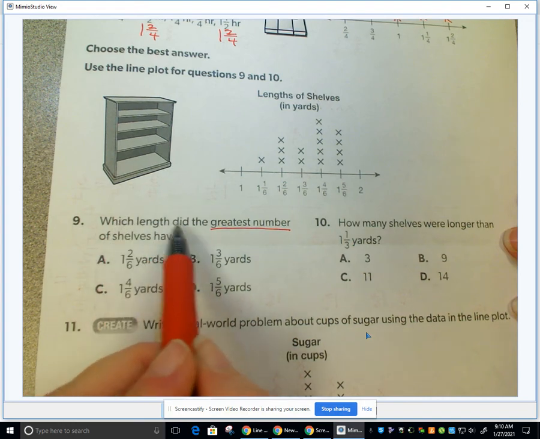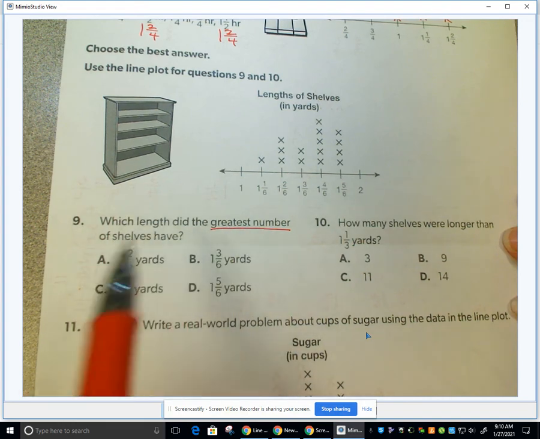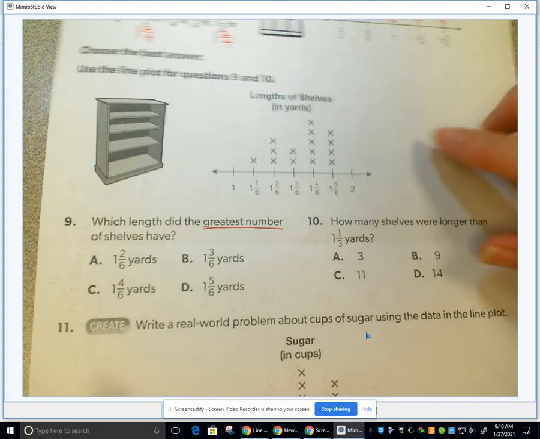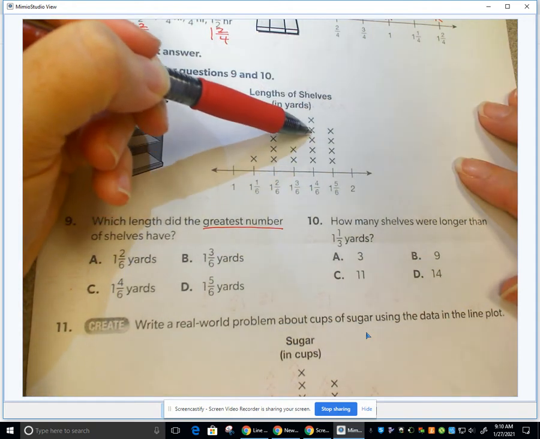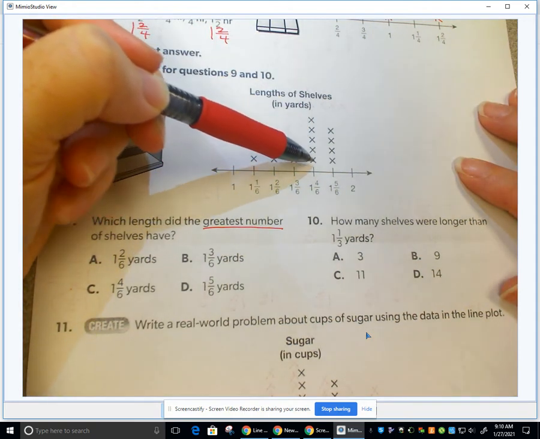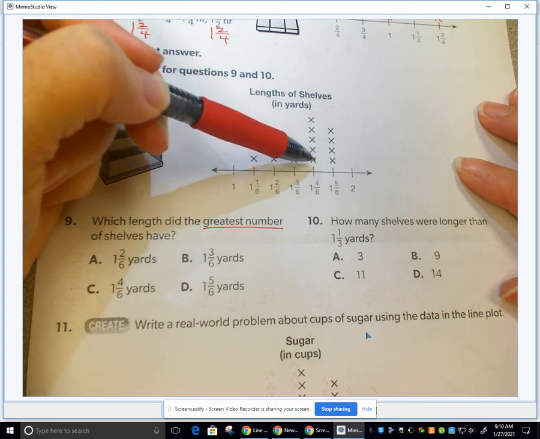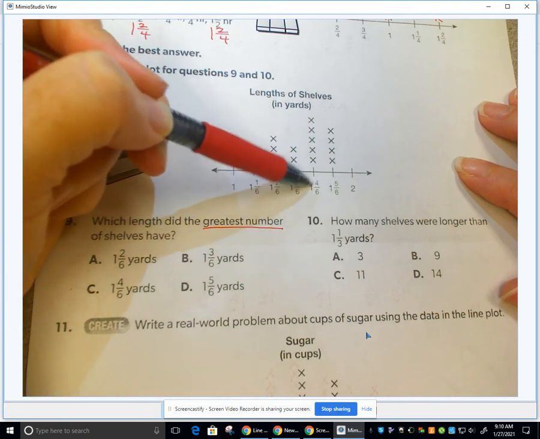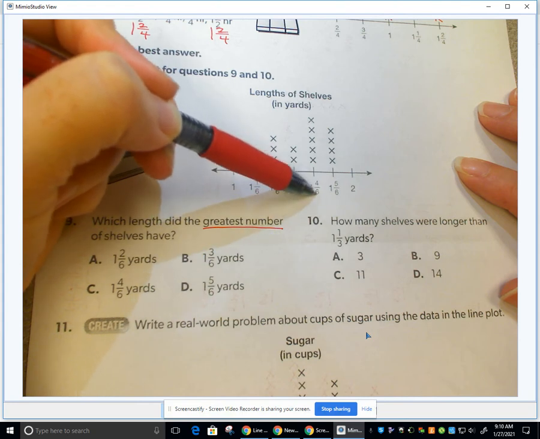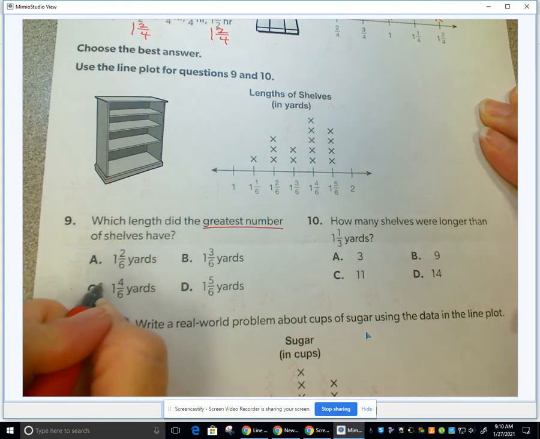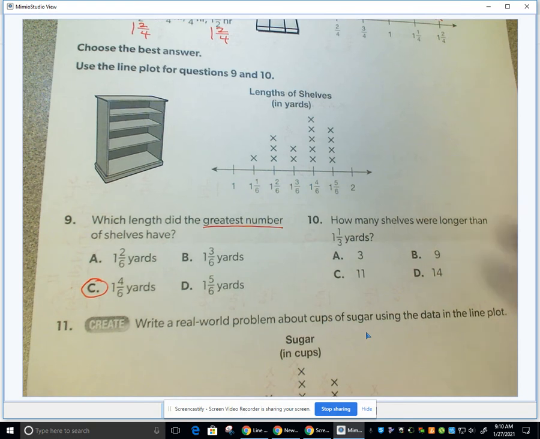Now it's asking me, which length did the greatest number of shelves have? Look at the X's. The tallest row would be the greatest number. And all of those had 1 4/6 yards. So that would be the answer for C, 1 4/6.